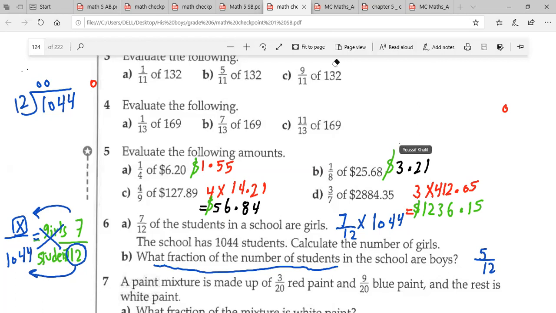Why did you close it, Yusuf? Yusuf, open your mic. Okay. 104 divided by 12. Which number, if you multiply by 12, you get 104?